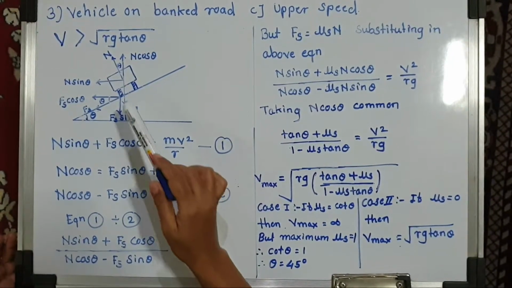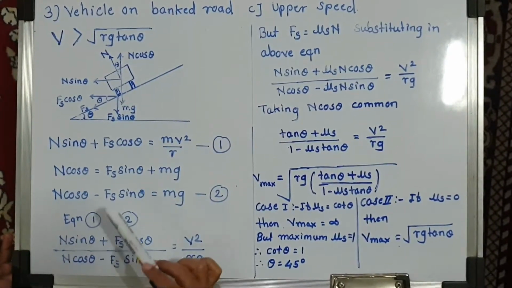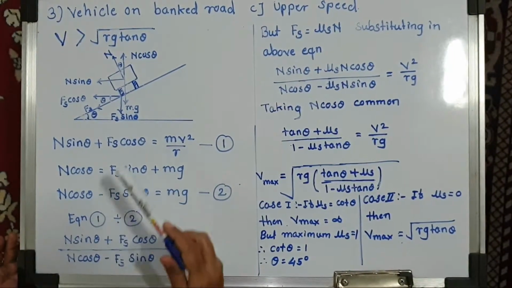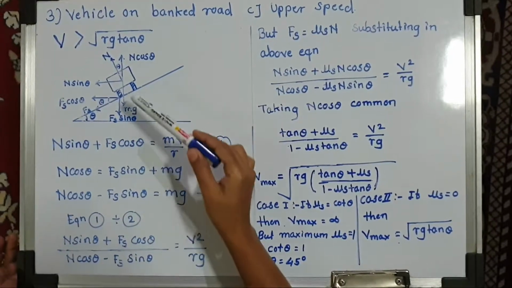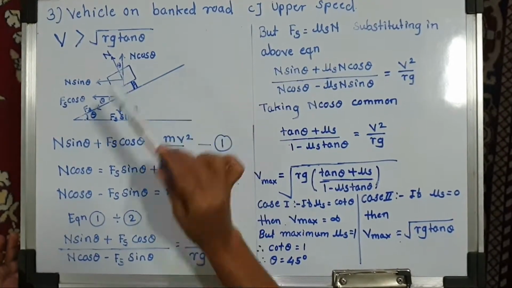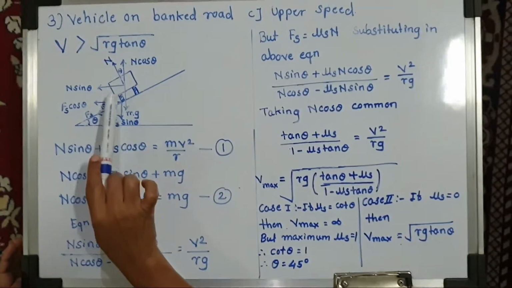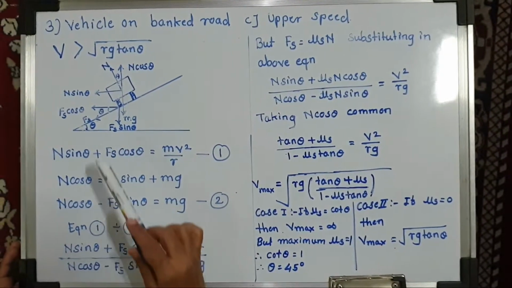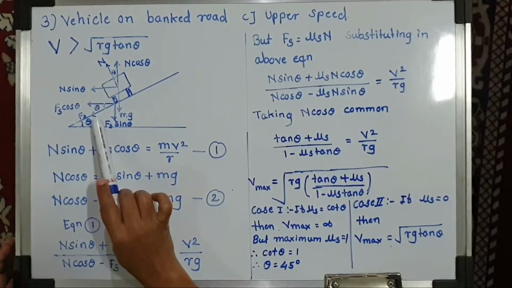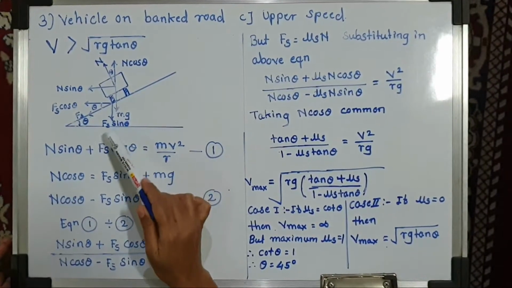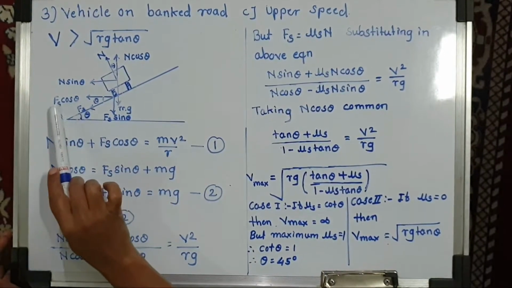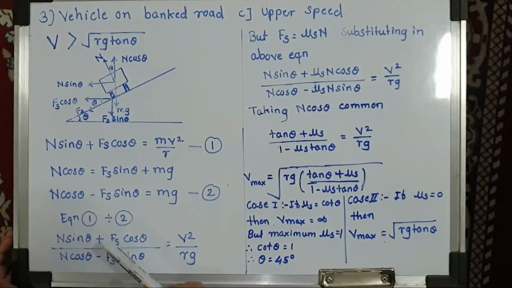Now, as shown in the diagram, resolving the normal reaction into components, the vertical component is N cos theta, and the horizontal component is N sin theta. Similarly, resolving the frictional force, the vertical component is fs sin theta, and the horizontal component is fs cos theta.